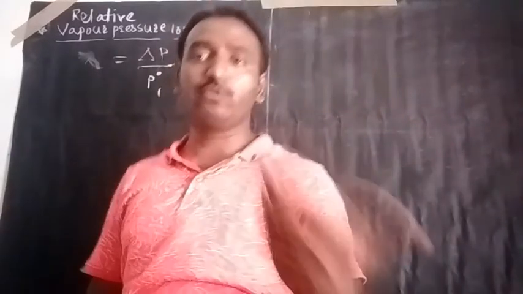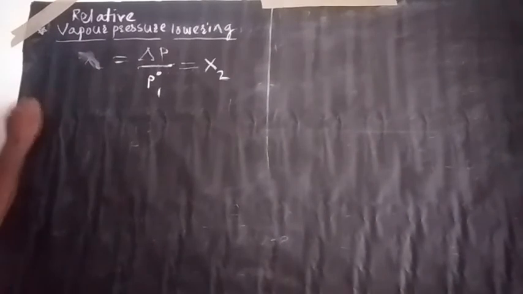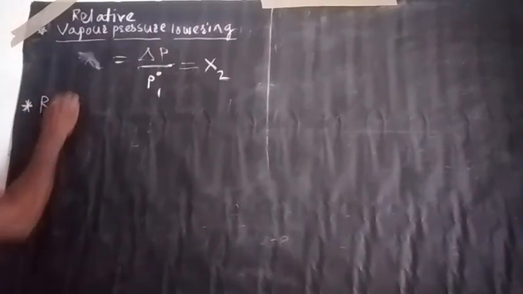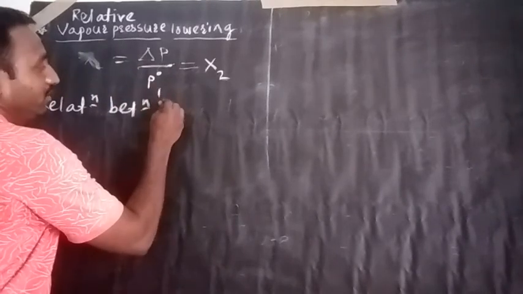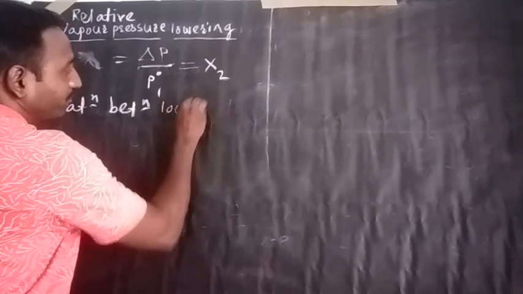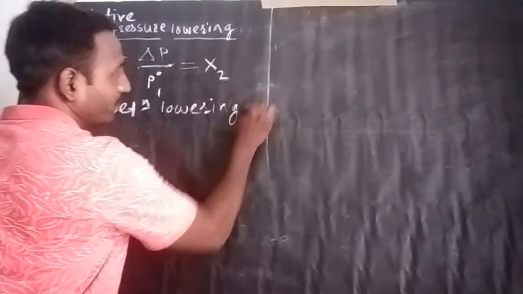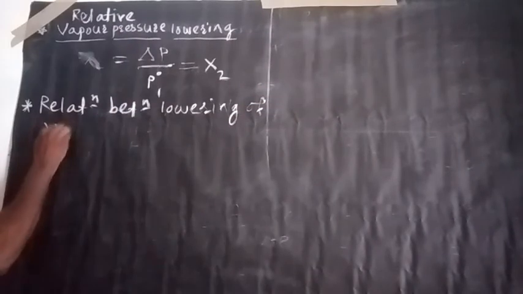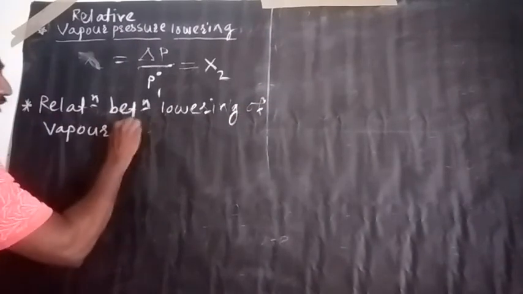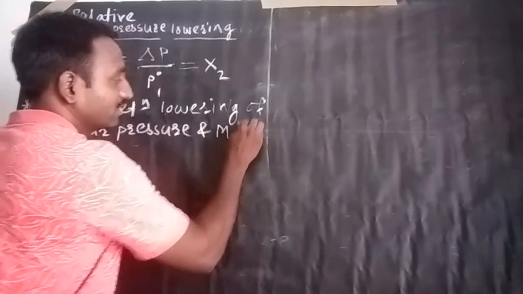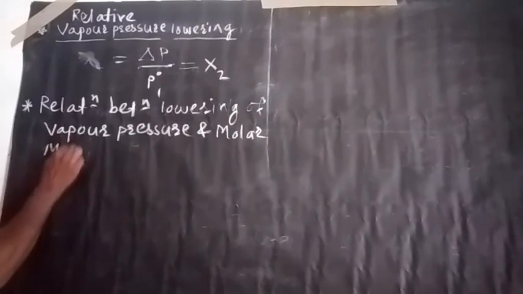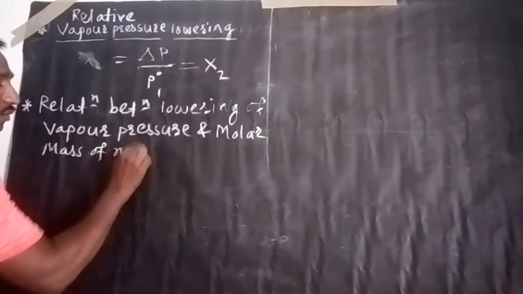Now we are going to study the next derivation, which is also important for our problem study, NEET, CET and board syllabus, and that is the relationship between lowering of vapor pressure and molar mass of the non-volatile solute.